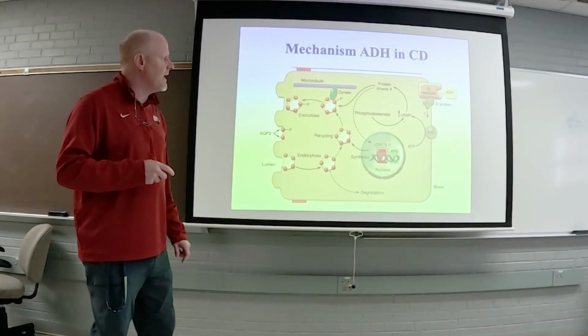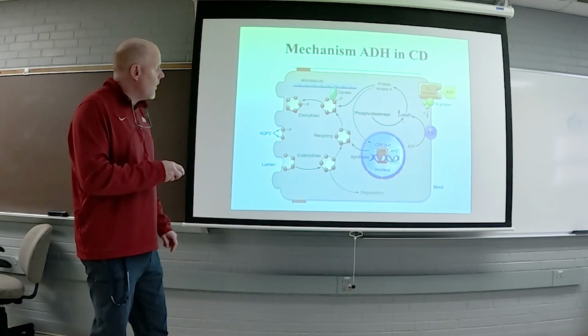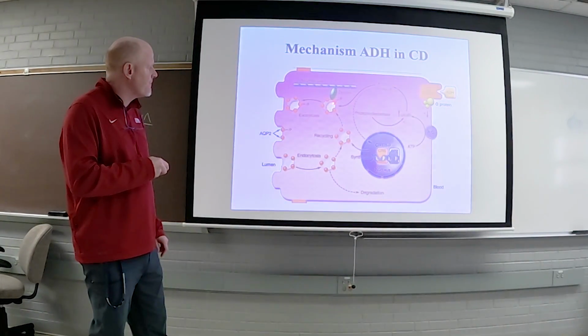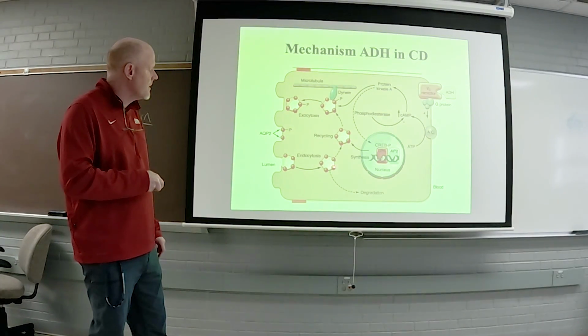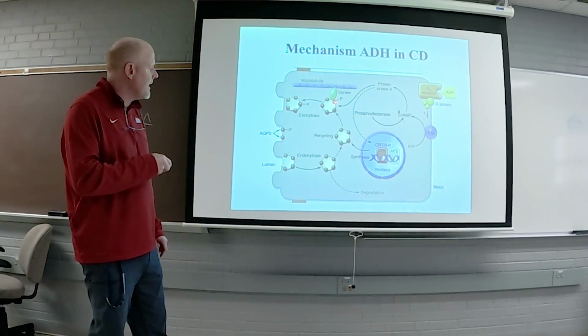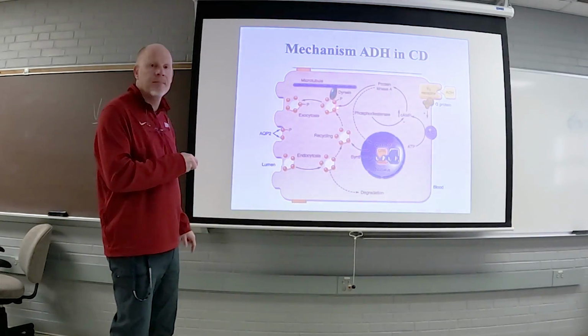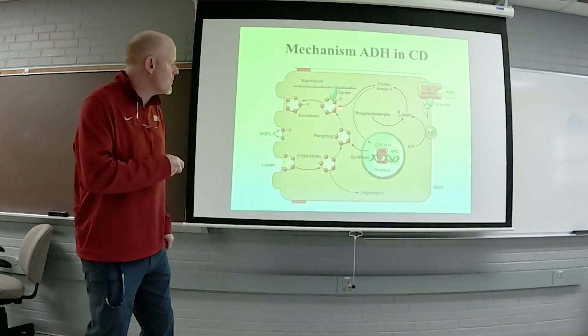And protein kinase A does a couple of different things here. What it does is it is going to go out and phosphorylate vesicles that have the AQP2, aquaporin 2 protein in them. Okay? These are pre-made.